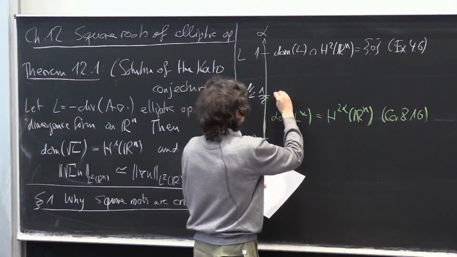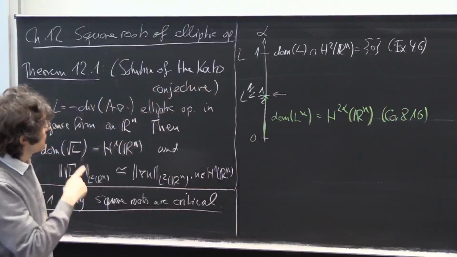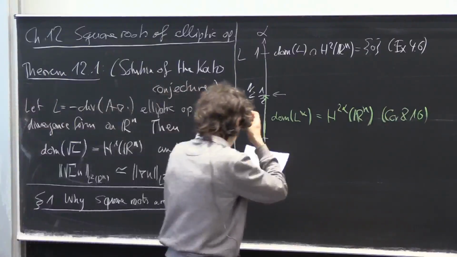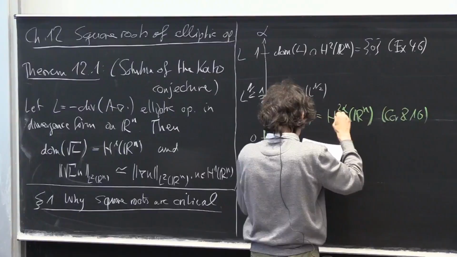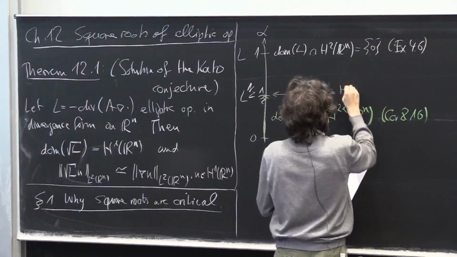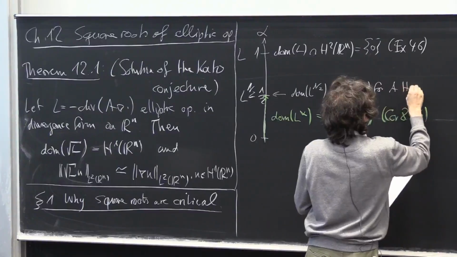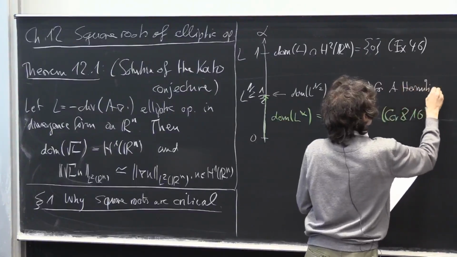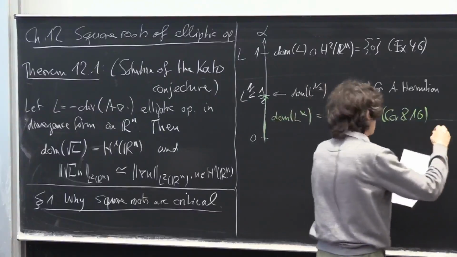We've seen that in a very special case, this behavior even stays true up to 1/2. So the domain of L to the 1/2, the square root of L, indeed is H1 if A is a Hermitian matrix, so if the operator L is self-adjoint. This was corollary 6.13.